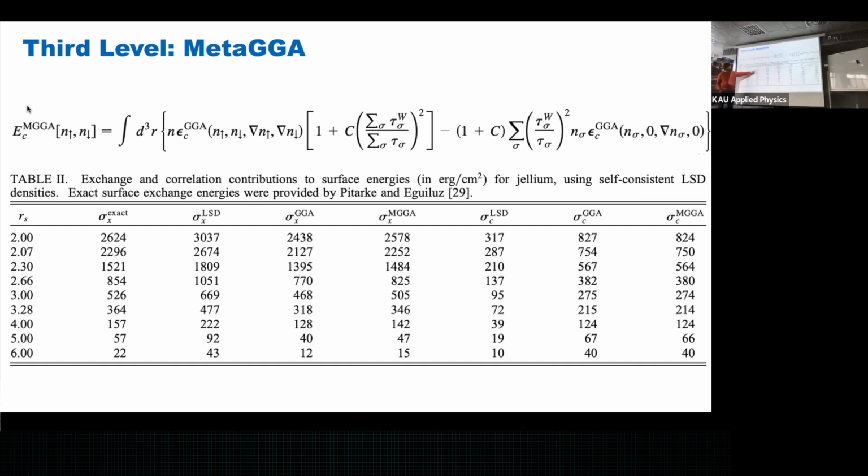This is exact, and this is LDA. Then we go to GGA. GGA is much closer, but it underestimates it by some amount. And MetaGGA is closer still, almost 2,600. So they are rather close. We have improved this exchange function, but it's still not ideal.